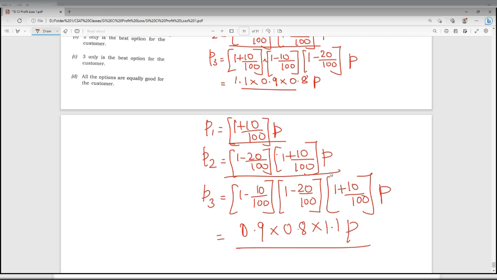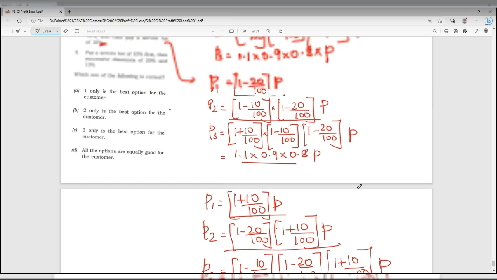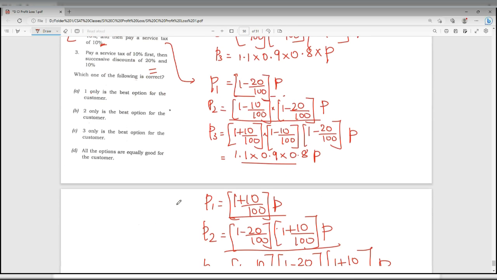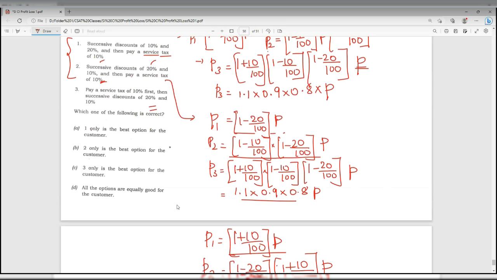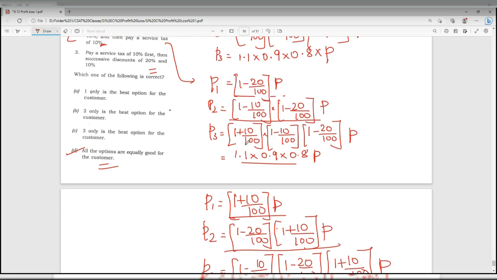In all the three cases, it is 0.9, 0.8 into 1.1 into P, so in all the cases it's the same. The correct choice is that all the options are equally good for the customer, because the final price that he has to pay is the same in all the three cases.